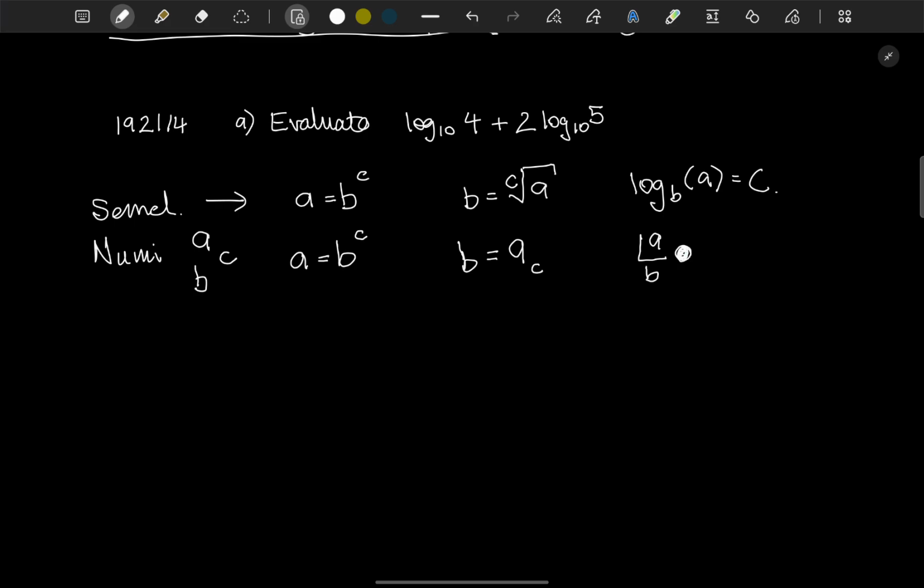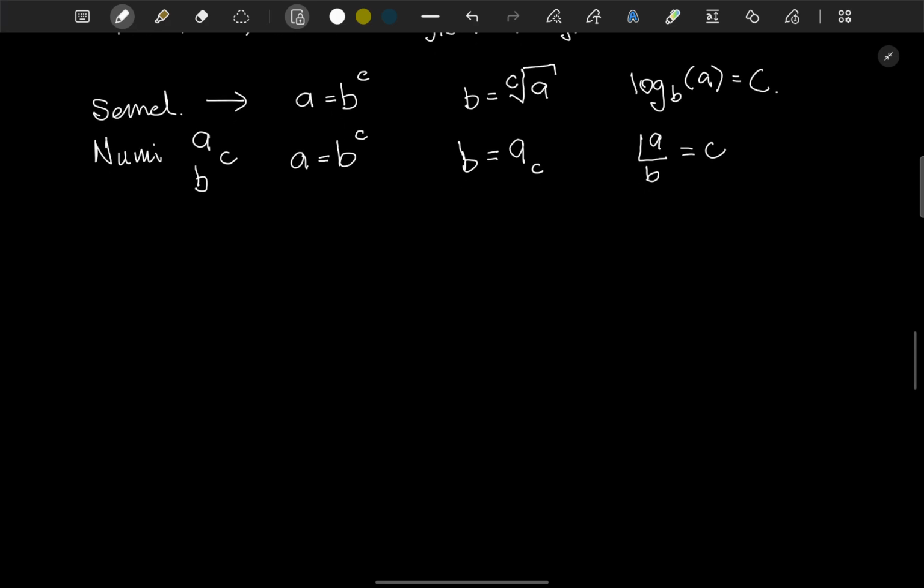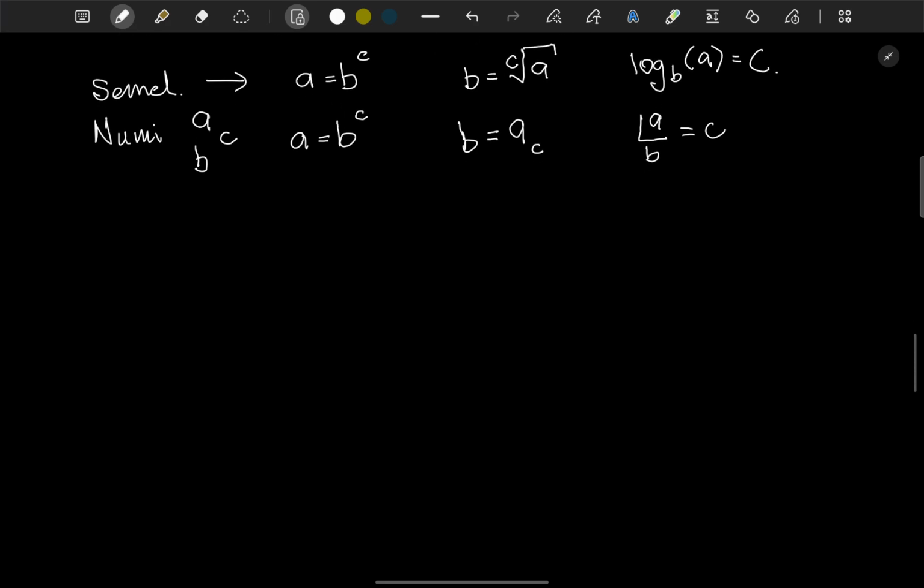So we can say that it equals C. So in fact, a logarithm is just a number. It's the number that connects 2 numbers by either being the power of one or the root of the other. And then all of our logarithmic rules that you'll hopefully know stand.